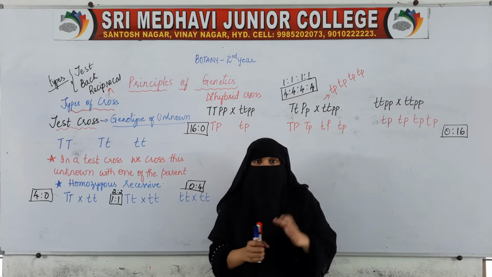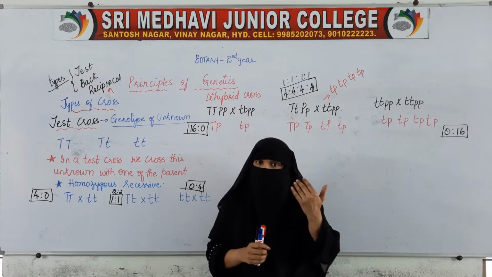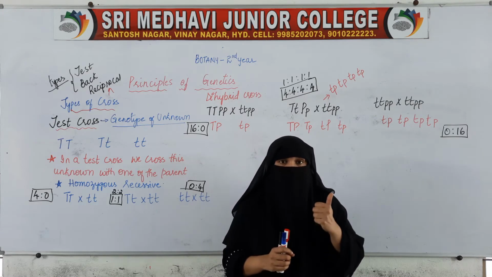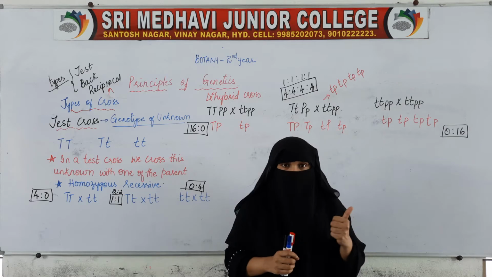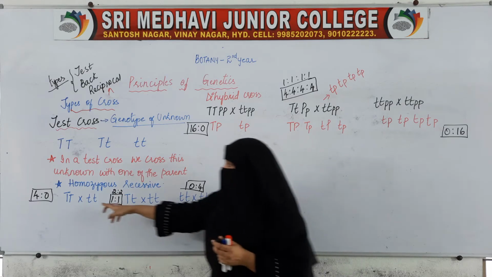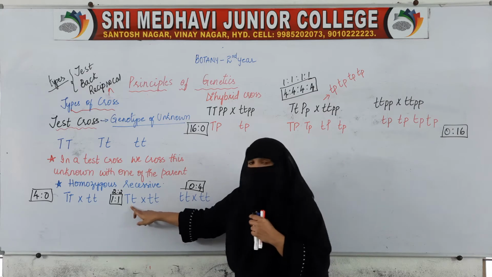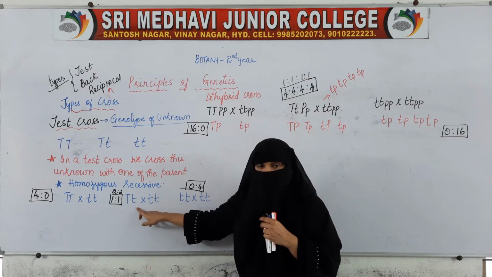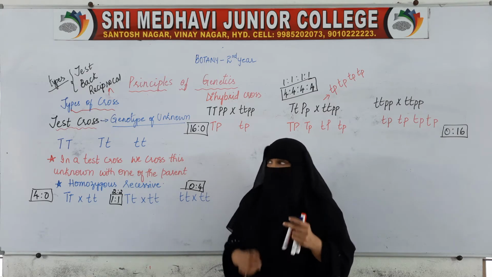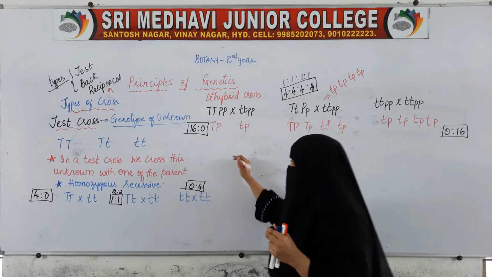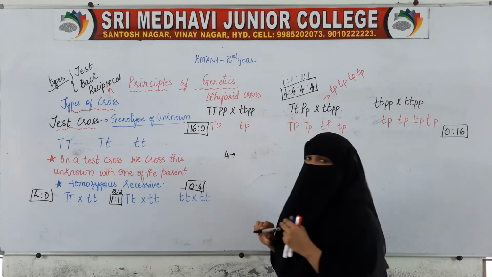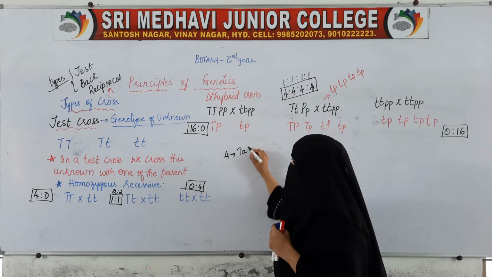We don't know whether the tall plants come from homozygous, that is capital T capital T, or from heterozygous, that is one capital T and one small t. We have got four plants, and all four of them are tall.